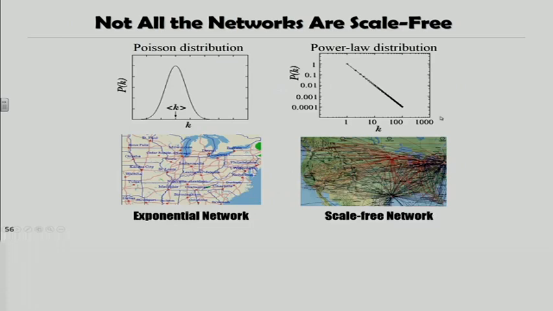Of course, I should say not everything is power law distribution. For example, this one is the road network, and the road network is not power law. New York, of course, has lots of roads, but it doesn't grow exponentially. If New York had an exponential number of roads connected, the whole city would become just a road, right?